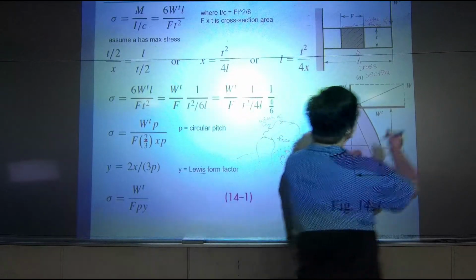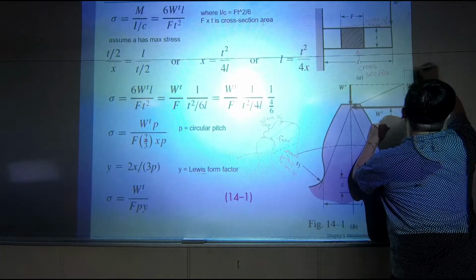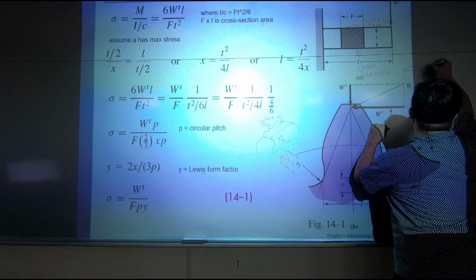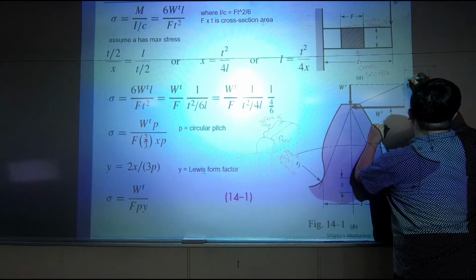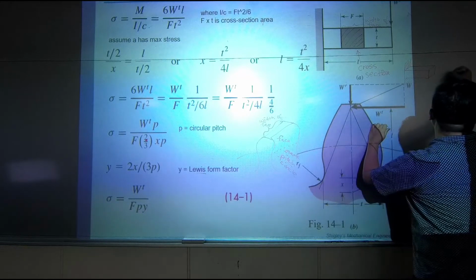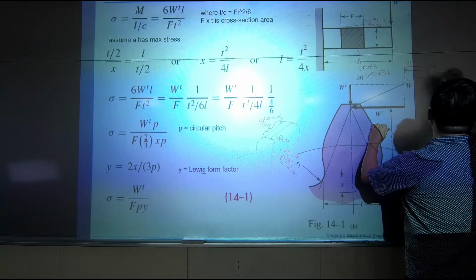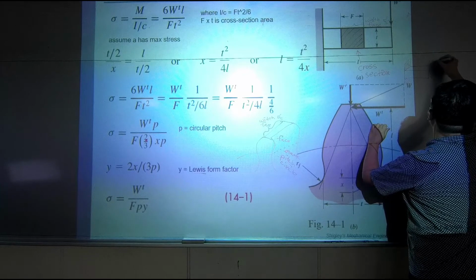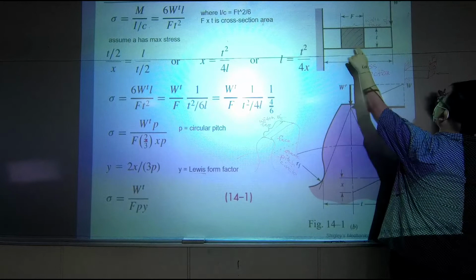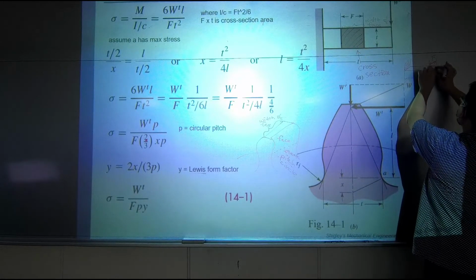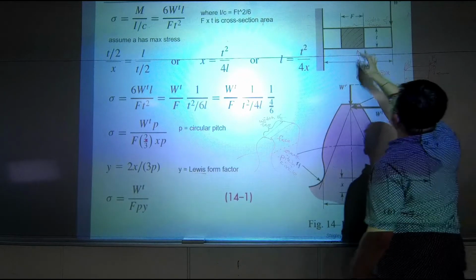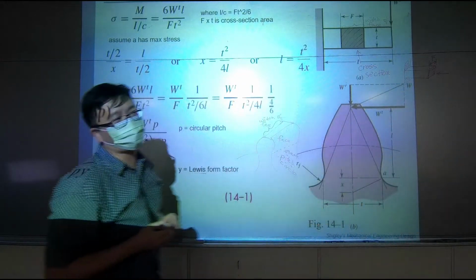Okay, so you can say if you try to draw this in a 3D drawing, if you draw it this way, it's like you are viewing from here, and this width right here is F. So for a drawing like this, it's just placing the cross section, rotated by 90 degrees, and put right here, just to tell you how the cross section looks like.